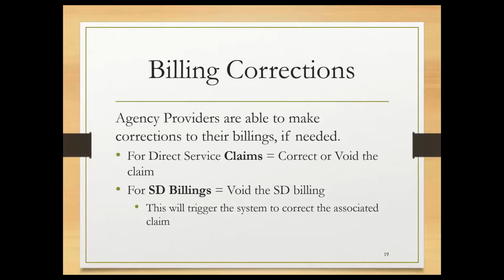And that SD billing correction, in the next claims aggregation cycle, will trigger the system to correct the associated claims. For the claim with the SD billing that was voided, that claim gets corrected. All those other SDs get released. Any new SDs that are put in as a replacement, all of those SDs get gathered up again and put into a new corrected claim, and then that's processed for payment.